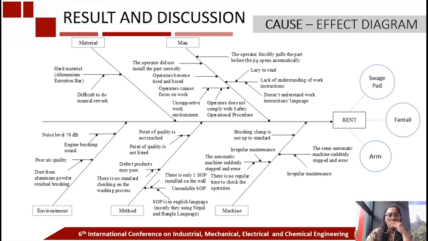For example, from man, the operator did not install the part correctly, operators become tired and bored, and they're lazy to read the SOP, and the work environment is unsupportive. This cause effect diagram has been confirmed by the supervisor of the manufacturer company.